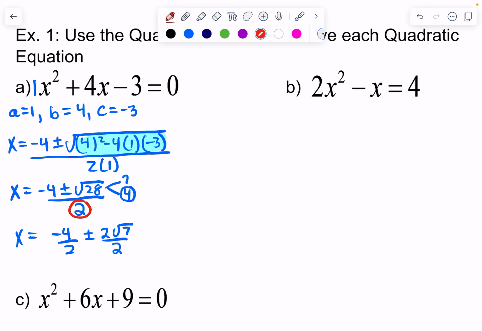Because the 2 here in the denominator is the distributive property of division. So it's getting divided into the negative 4 and into the value of the square root of 28. And this way, by doing so, you can simplify in one fell swoop. So x is going to equal negative 2 plus or minus the square root of 7. And those are your answers.